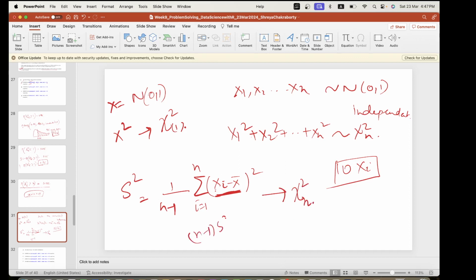But this is not happening, because summation of xi minus x bar will always be 0. This is one restriction that you have, so this distribution would follow chi-square n minus 1.